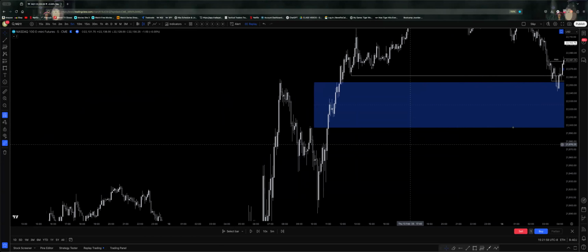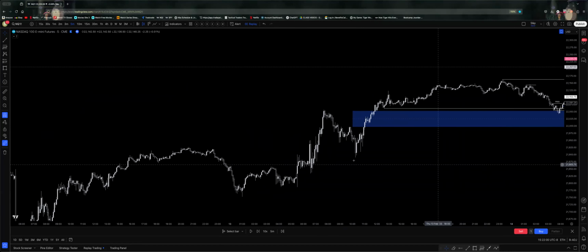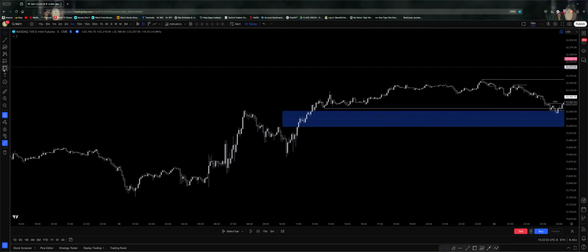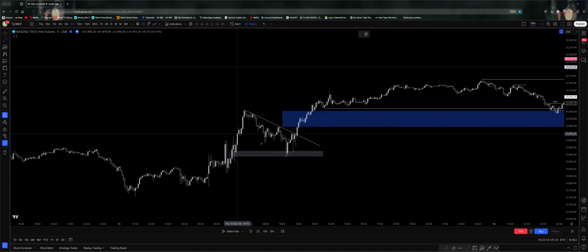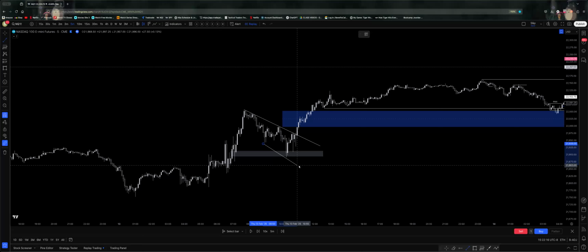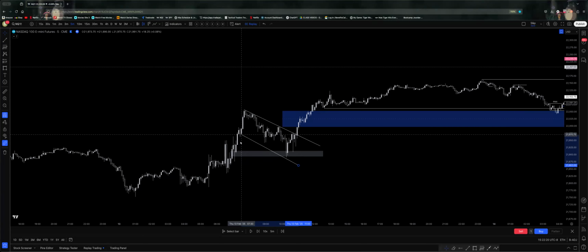And over here, you can see a bull flag again. Every time you see a bull flag, a healthy bull flag, if you trade ICT, we have a fair value gap right here. But if you trade patterns, we have a trend line and we have lower lows, right? It may not be the prettiest, but this is a bull flag.